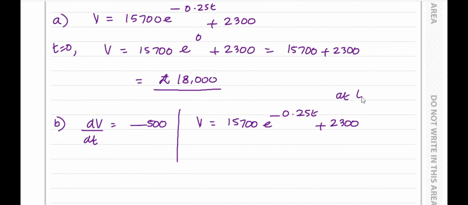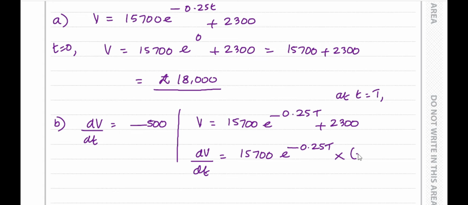At t equal to capital T, we can change this small t into capital T, and then we can write dv by dt equals 15,700 e to the power of minus 0.25 t itself, because when you differentiate an exponential, the first term that you'll be getting is the same thing. Then you have to multiply by the differential of this index here, which is minus 0.25. This term 2,300 differentiates to 0.